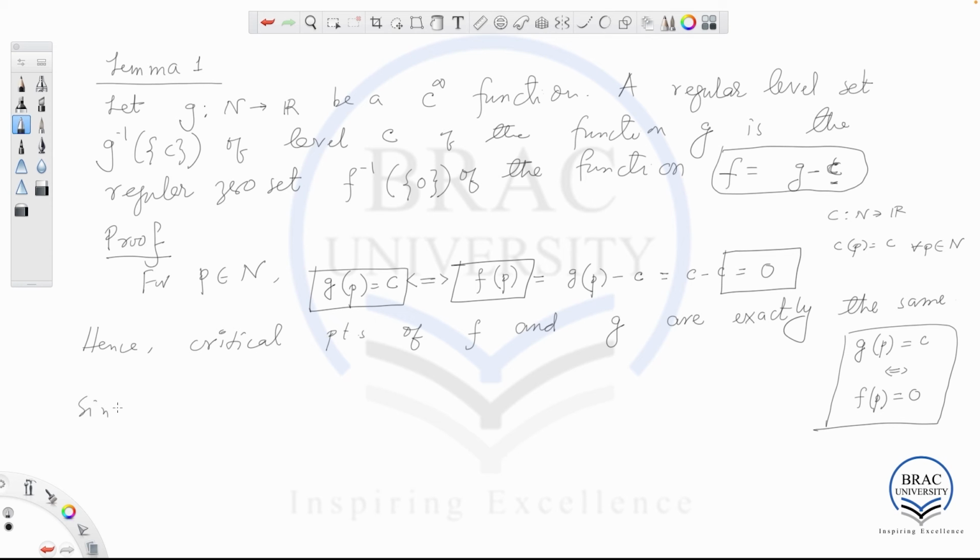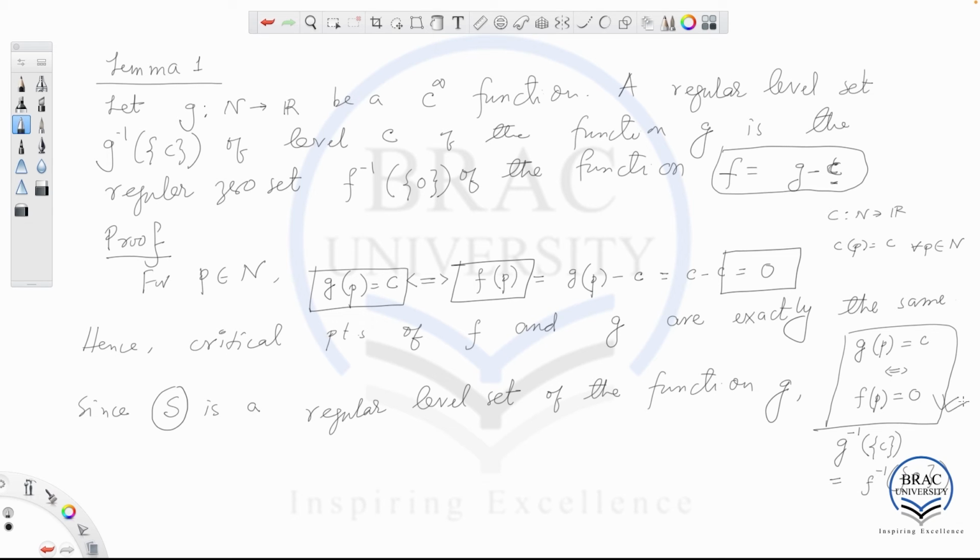Since S is a regular level set of the function G, where I am defining S in the following way: G inverse of C is going to be equal to F inverse of 0, right?